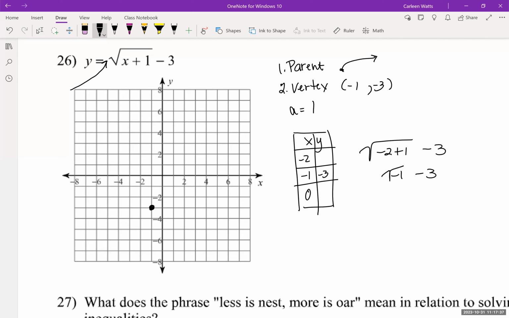Plug that into the calculator, and we get error. It is not a real number. It is an imaginary number. Plug in 0 and you get -2. Can you see A? A is 1. And the difference between the vertex and that very next point has a vertical lift of 1.